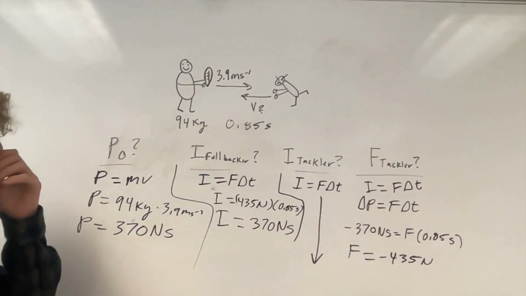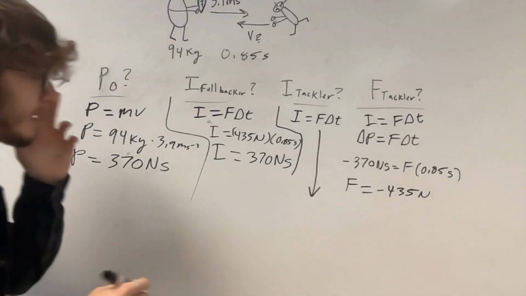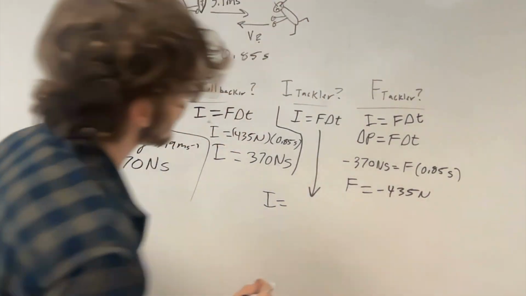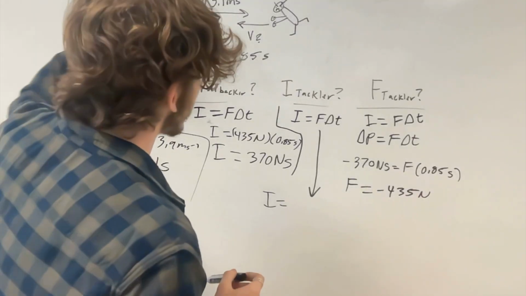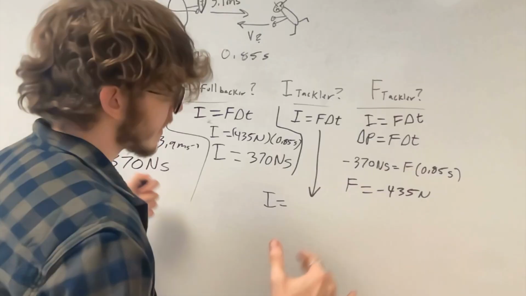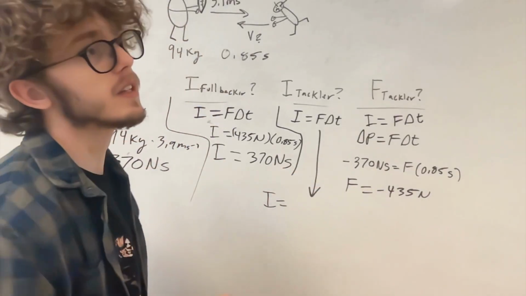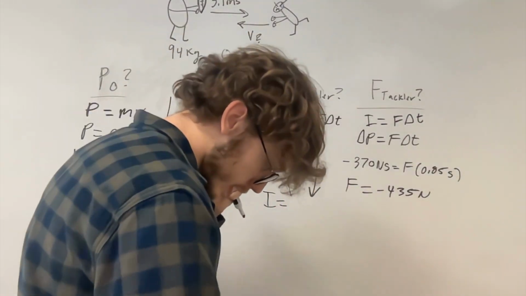Now for our tackler, impulse is equal to, and since for every force there's an equal and opposite force, if the fullbacker is applying an impulse of 370 Newton seconds and they collide and go to 0, the impulse has to be in the opposite direction. So the impulses cancel out and they stop.